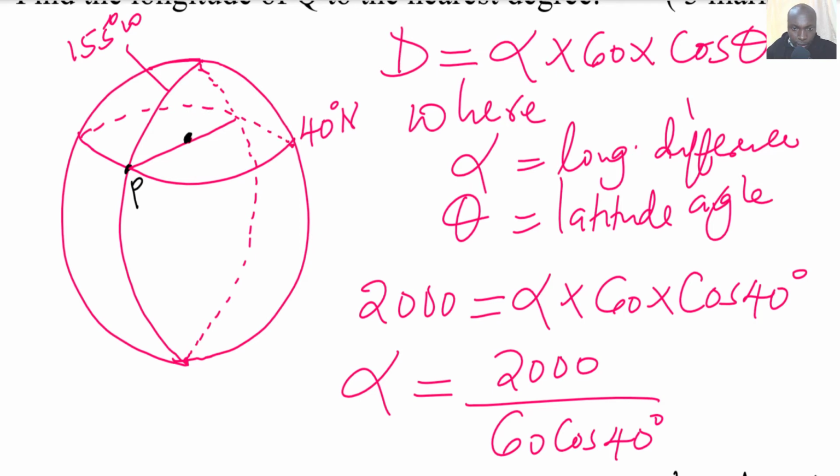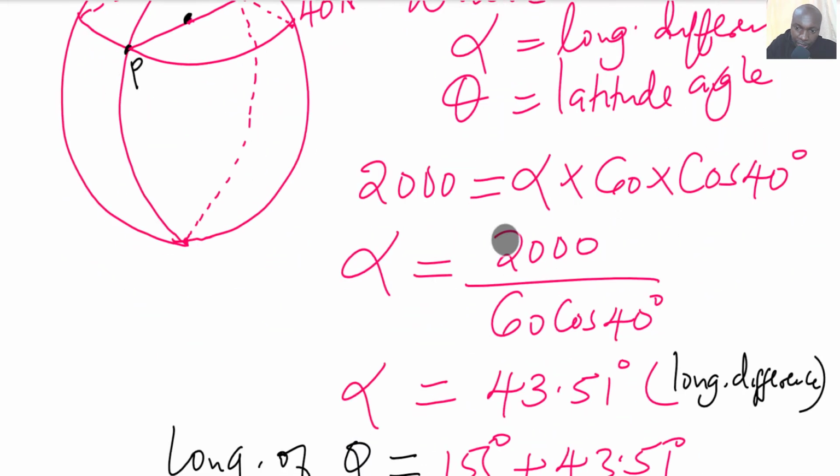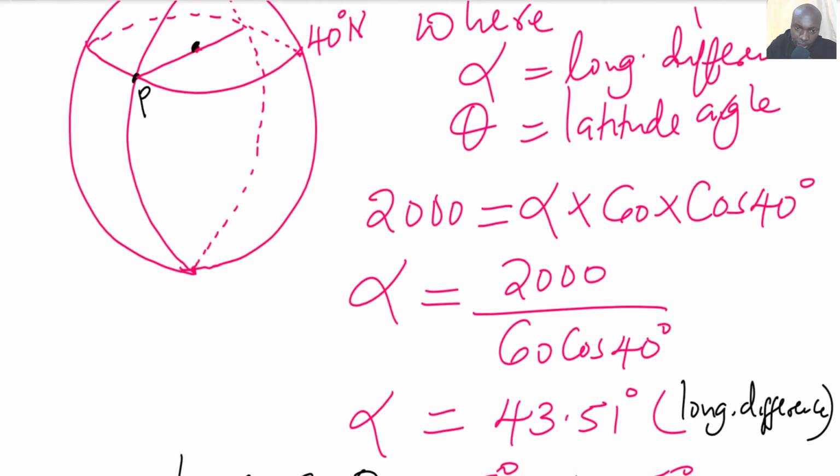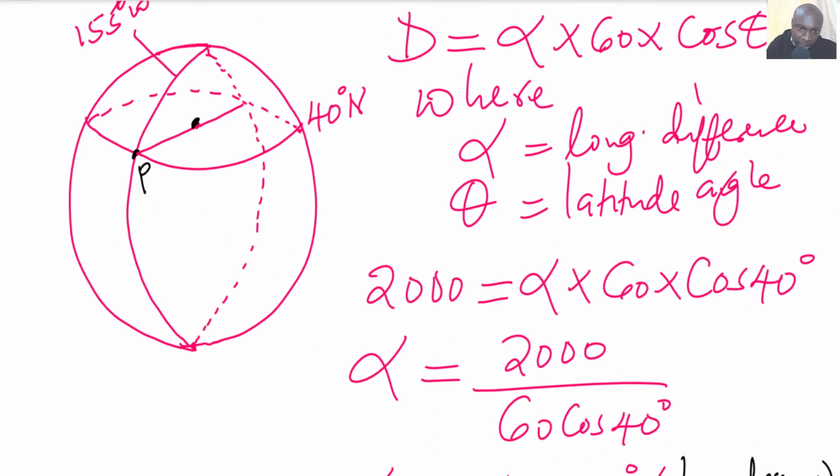So if we create a center of that circle of latitude, which is this point here, you can see this movement is 198 degrees, so it is more than 180. And what does a 180 degrees movement in longitude mean? It means that this point P will be directly opposite on the other side.